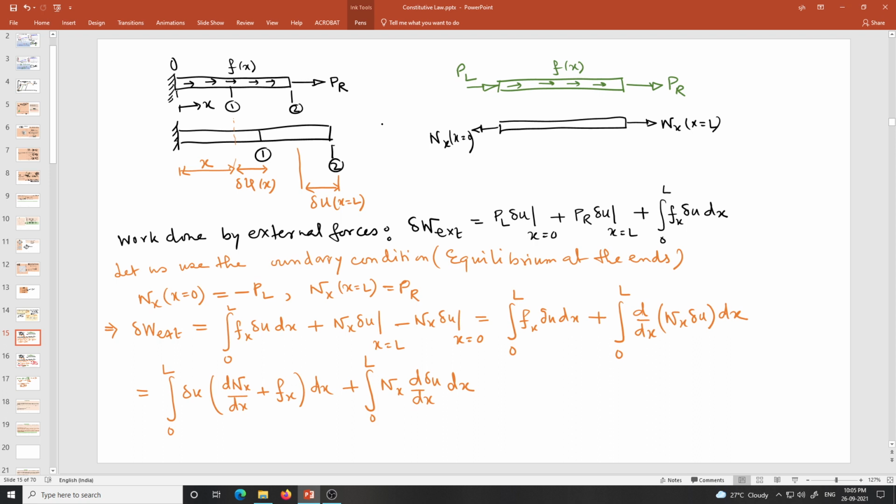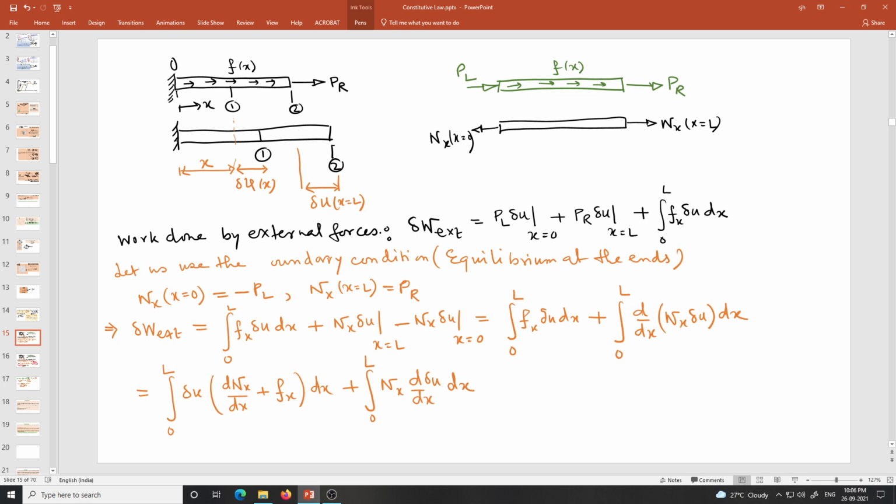It is subjected to a concentrated force PR and a distributed force of intensity fx per unit length. The point 1 is located at distance x away and is undergoing a small deformation delta u at x. The end point 2 is undergoing a small deformation delta u measured at x equals L.